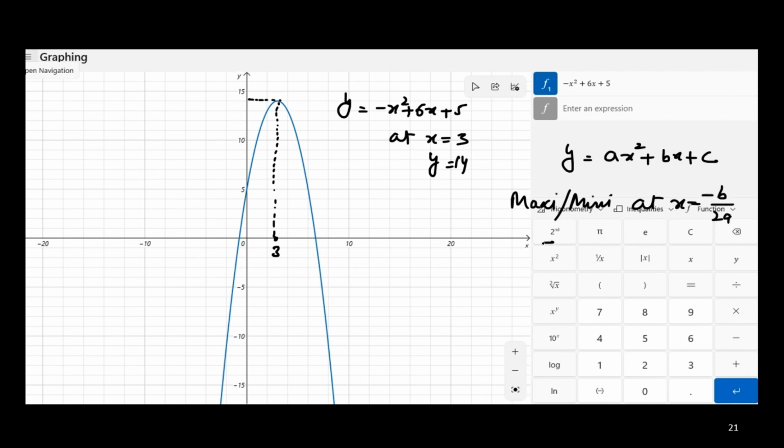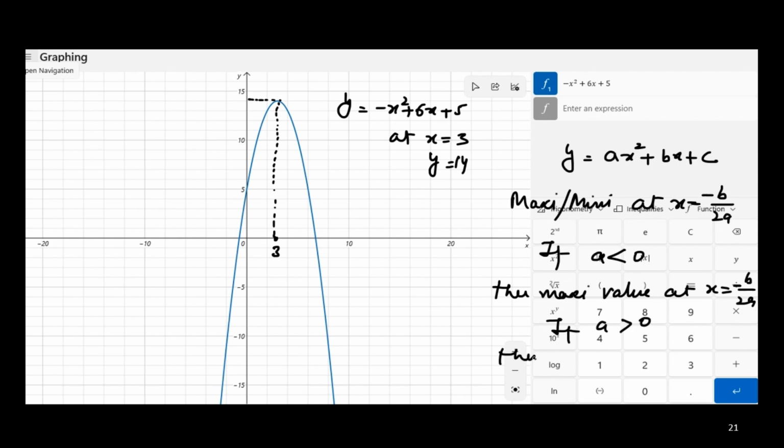And if a is negative, then there is a maximum value at x equals minus b by 2a. And if a is positive, then there is a minimum value at x equals minus b by 2a.